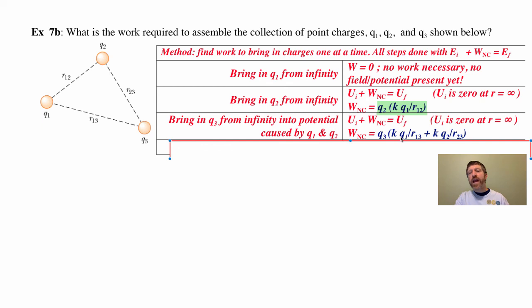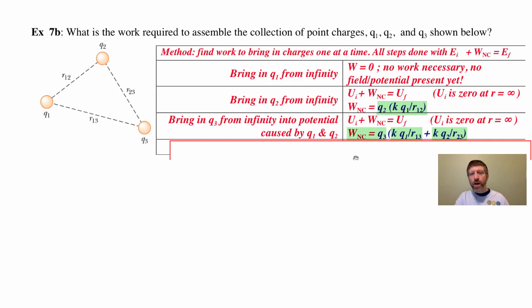It's Q3 times kQ1 over r13. Here's r13. So the potential at this point due to Q1 is kQ1 over r13. And then to that potential, we add the potential caused by Q2. Here's Q2, r23 away, and here's the potential caused by Q2. So here's the potential caused by Q1, the potential caused by Q2, and then you multiply Q3 by the total potential caused by those two charges. So this whole thing is the work just to bring in Q3.